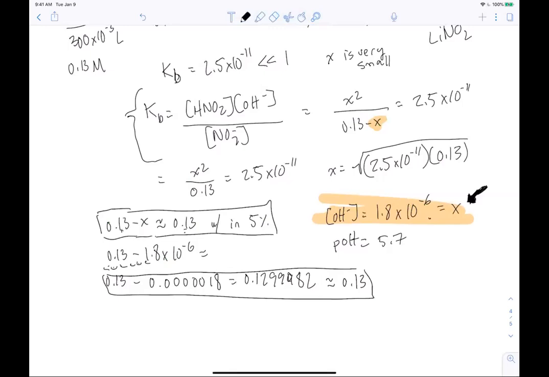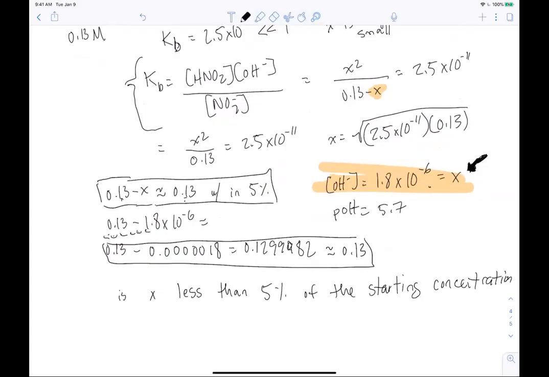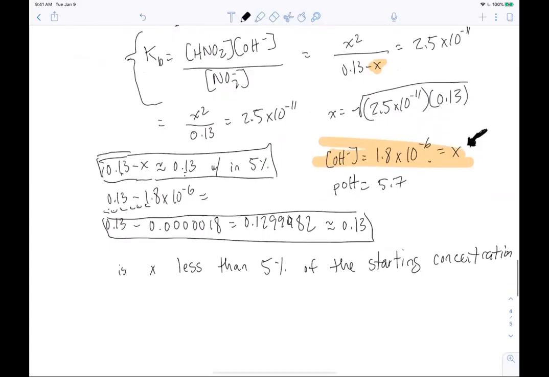Another way to say it is, is X less than 5% of the starting concentration? So here our starting concentration was 0.13, and X was equal to 1.8 × 10⁻⁶.